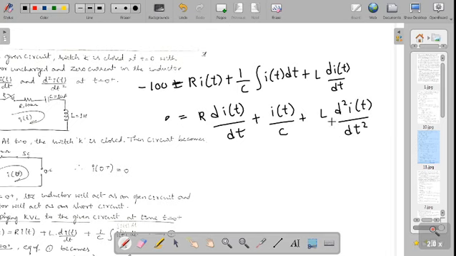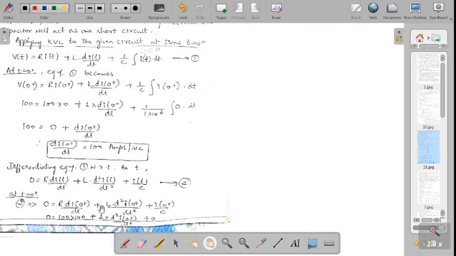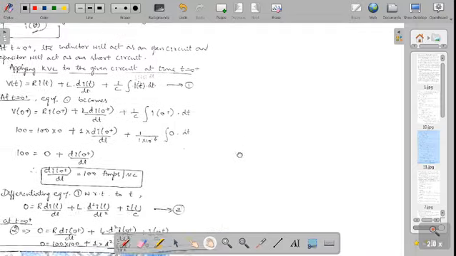This is the equation which you will be getting. Now we need to substitute the values into this equation.